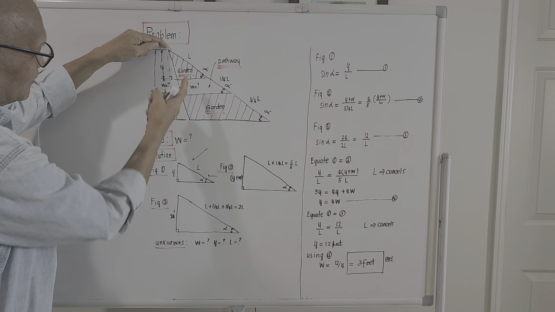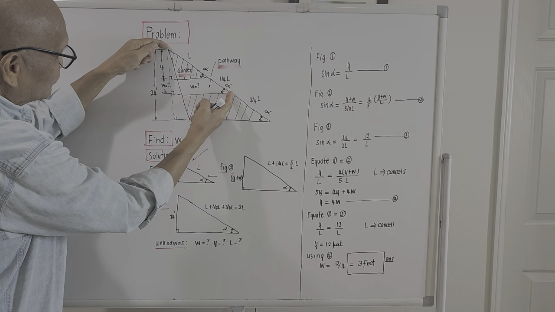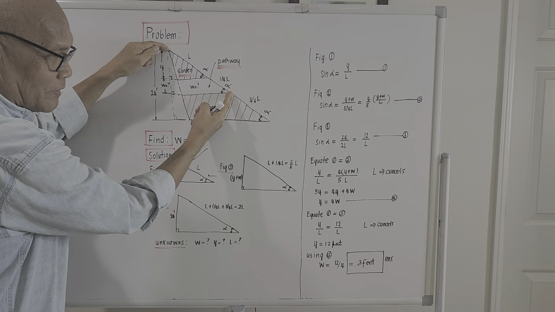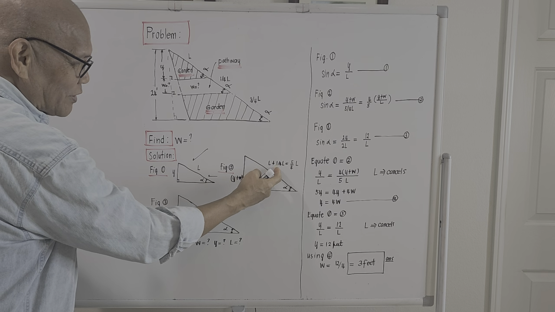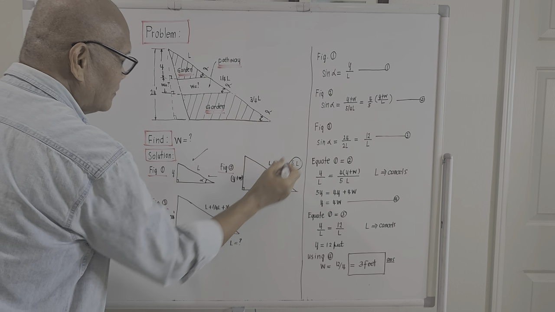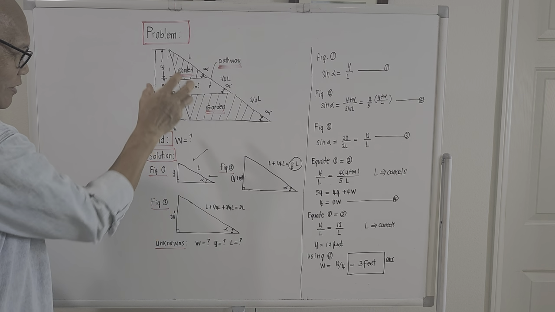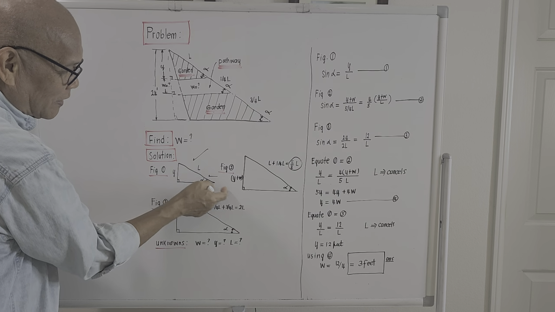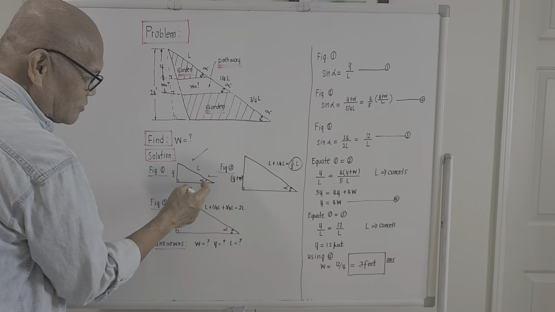If this is L and this portion is 1 fourth L, the total length as a function of L will be L plus 1 fourth L, or 5 fourths L. So the hypotenuse of the second right triangle is 5 fourths L, and the vertical height is y plus w, and this is alpha, same as this one.